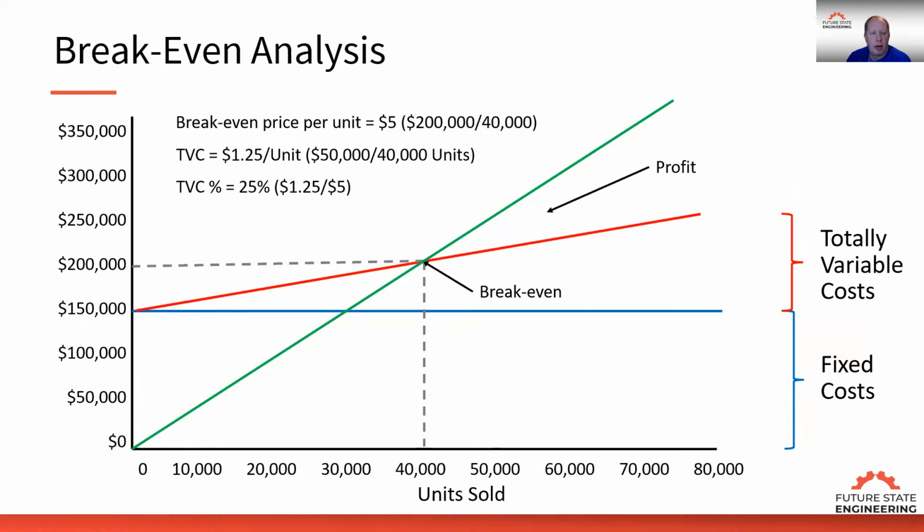Now, if we look at it from a different perspective, and we're not changing our fixed cost, but we're changing our totally variable cost. So if you see in this graph, compared to the graph in the previous one, as the total variable cost percentage decreases, the slope of this line decreases. So the lower the slope of this line, the more leverage the company has.